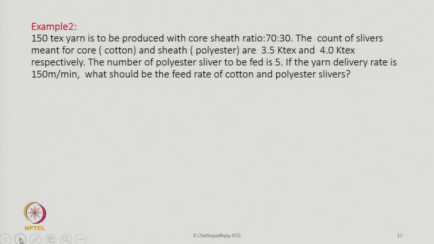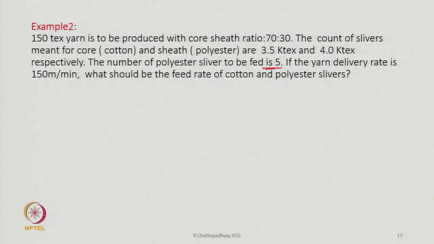The count of sliver meant for core, that is cotton, and sheath polyester are 3.5 ktex and 4 ktex respectively. So, the sliver that we are going to use for core and sheath, their ktex values are given. The number of polyester slivers to be fed is 5. That is the decision we have taken, that we feed 5 slivers.